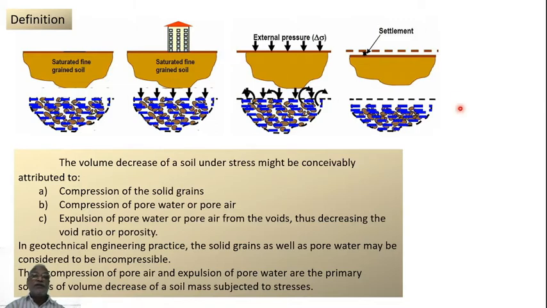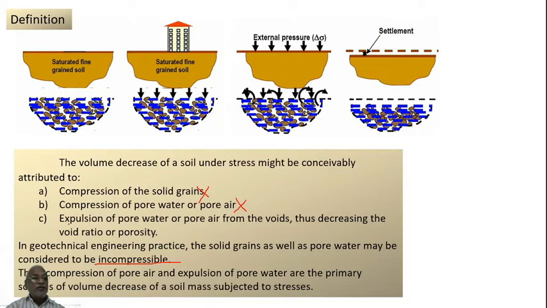The basic assumption in case of discussion of consolidation, we assume there are no air voids. So in geotechnical engineering practice, the solid grains as well as pore water may be considered incompressible. Because of that, there is no question of this or this.